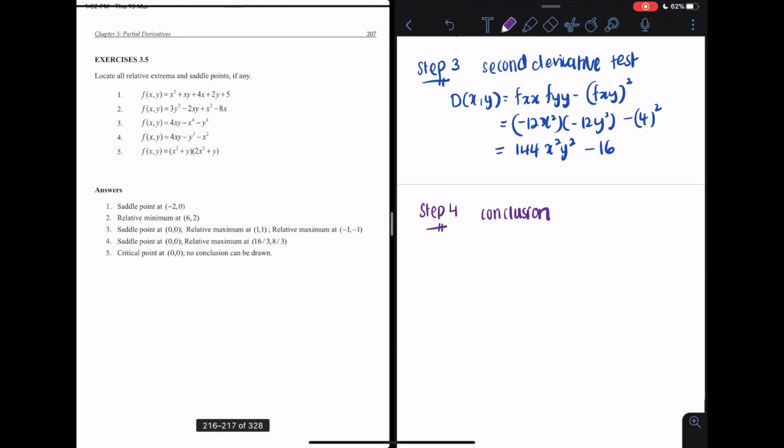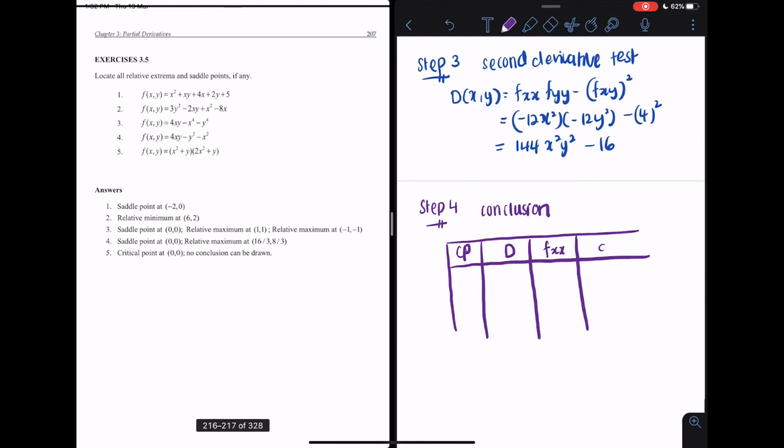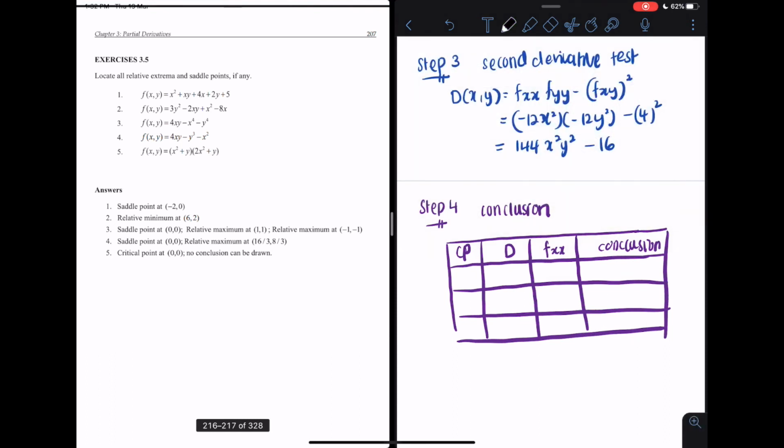Okay, maybe you can use a table. Critical points: (0, 0), (1, 1), (negative 1, negative 1).